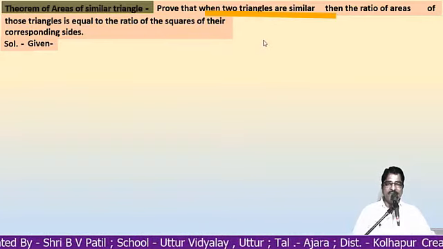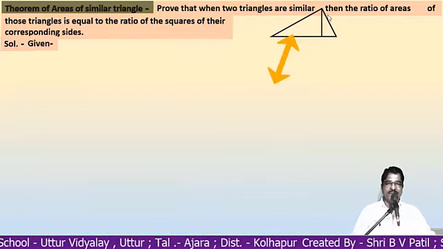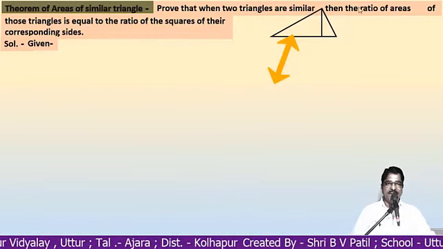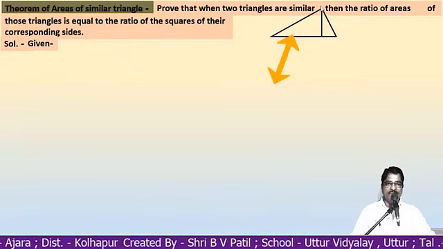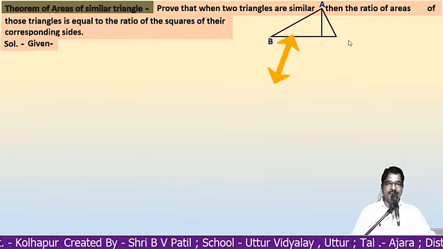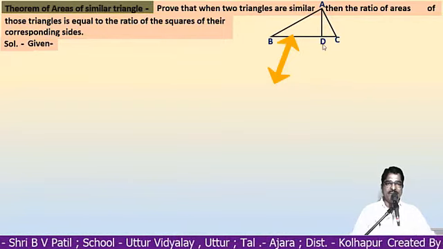For that purpose we draw two triangles. First triangle we draw here, and for areas, the perpendicular, that is height, we want here triangle ABC, and the perpendicular is AD.